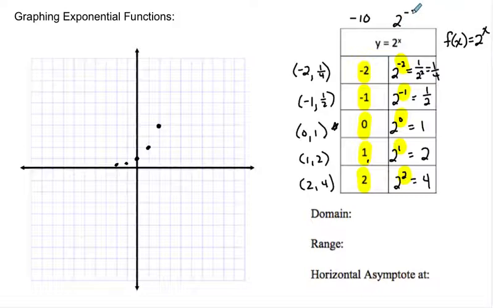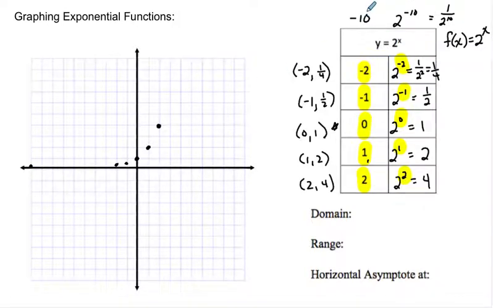Well, I'd have 2 to the negative 10th power, which would be 1 over 2 to the 10th power. So that's a small fraction. It looks like it's getting closer and closer to 0, right? It's getting smaller and smaller. So at negative 10, it would be really, really close down here.